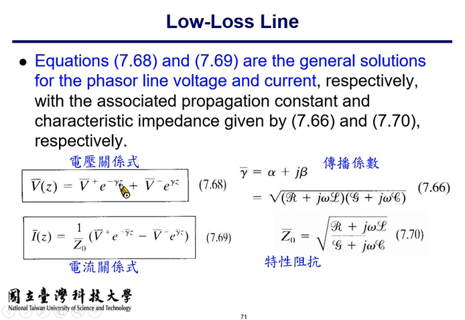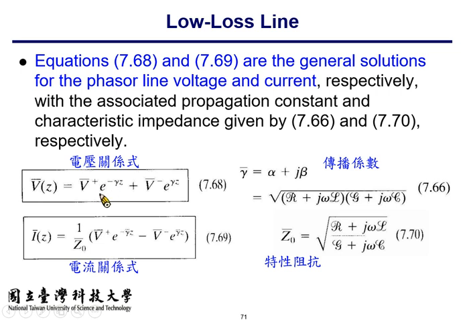The phase constant term is replaced with the propagation constant, which means the exponential term can be separated into a real part, exponential minus alpha z, and a phase representation, exponential minus j beta z.